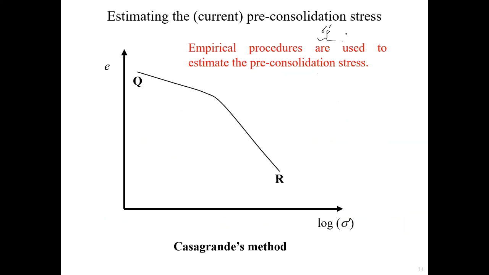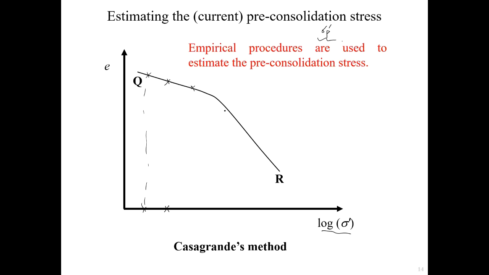And this is a typical testing curve from the odometer test. Let's say we run an odometer test, we take the different void ratios, and we also know the corresponding load on top of the sample, so we can work out the effective vertical stress. If we add another increment, then the void ratio decreases, and we can work out the corresponding void ratio.